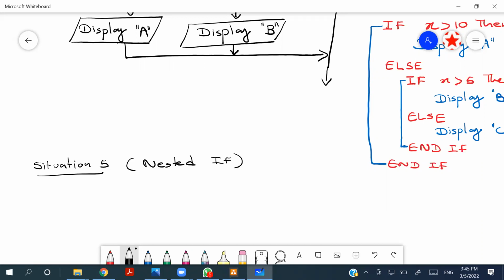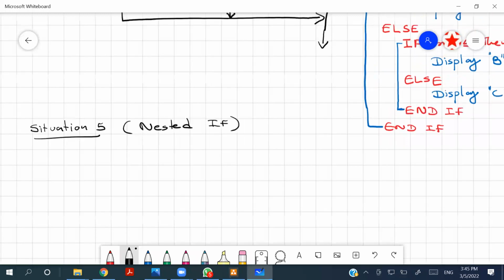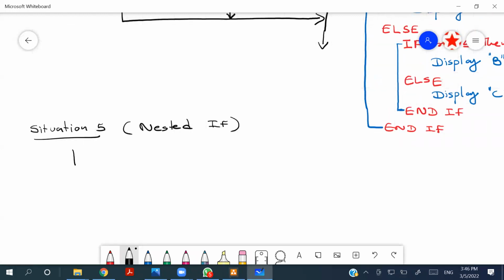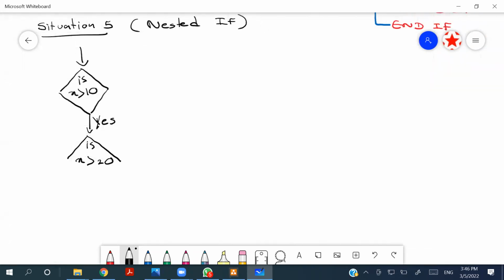So what do you mean by this nested if? Nested if works like this, people. In the earlier diagram, you can remember it went on the no path. And in here, it is going on the yes path.